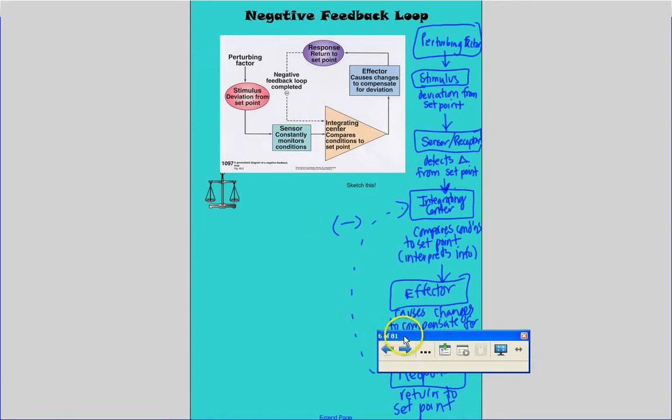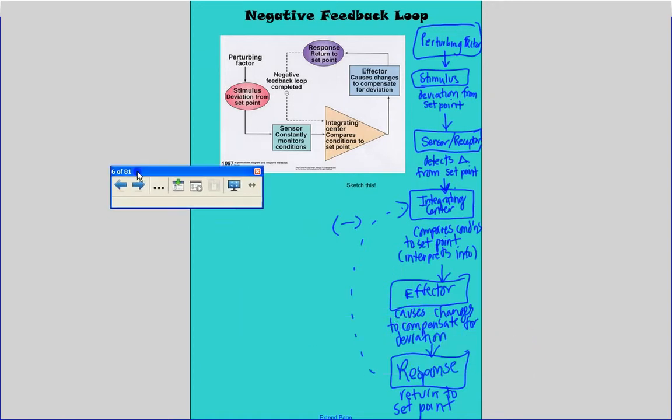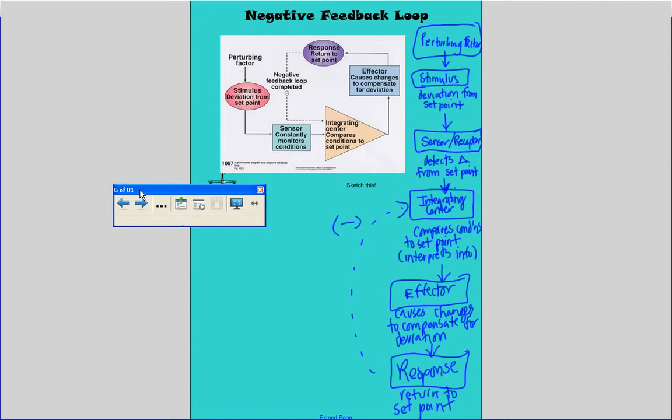So hopefully you can see this okay. It's kind of stretched here, but this one is showing the 6 things that I mentioned. So the perturbing factor, and some might find it easier to see if you have it all in one continuous line instead of all kind of looped around like this.